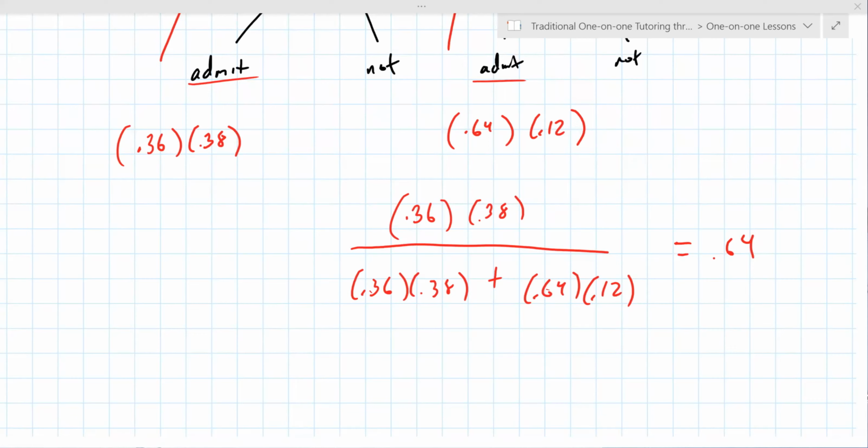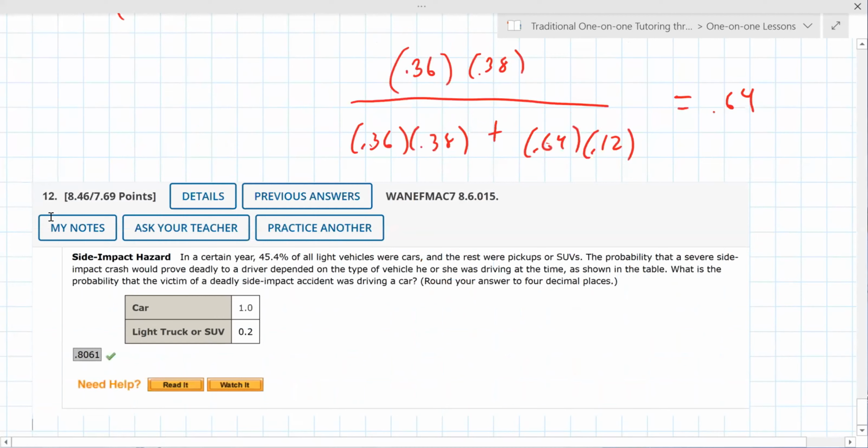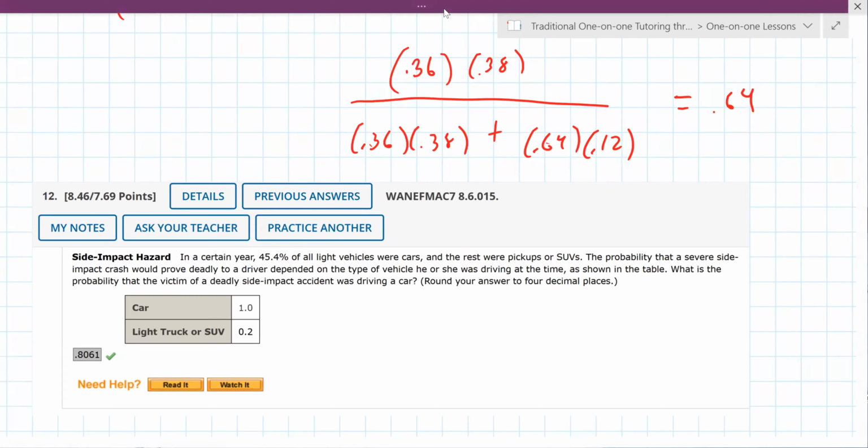So let's look at 12. If you'd like, keep going on this. Okay, so 12. So let's try and draw the chart here.